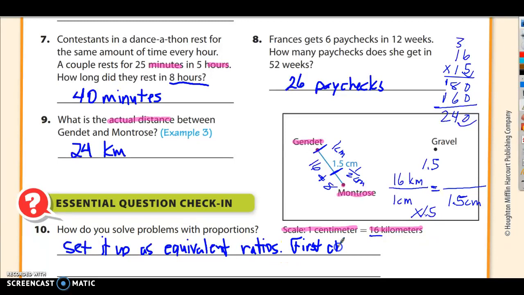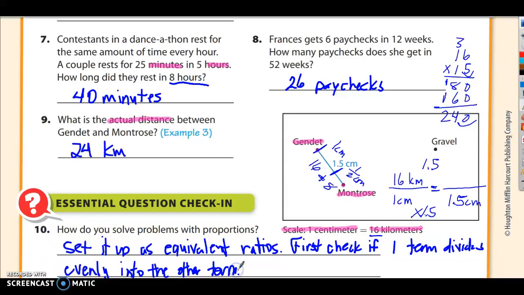First check if one term divides evenly into the other term. If not, simplify to the unit rate.